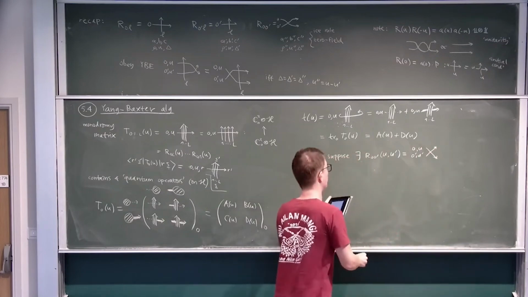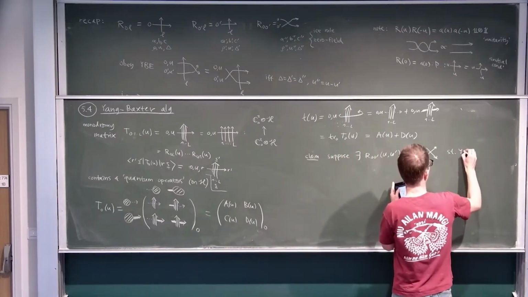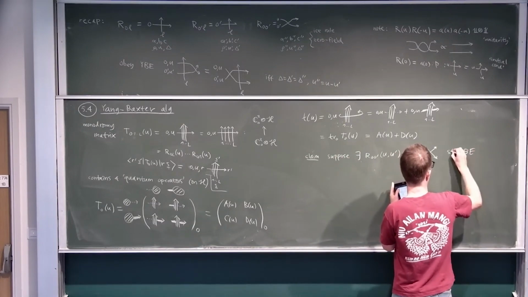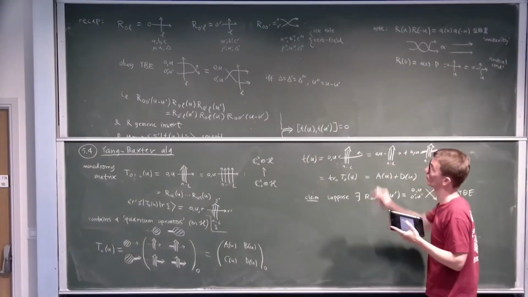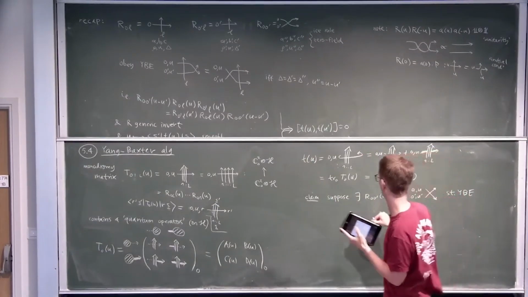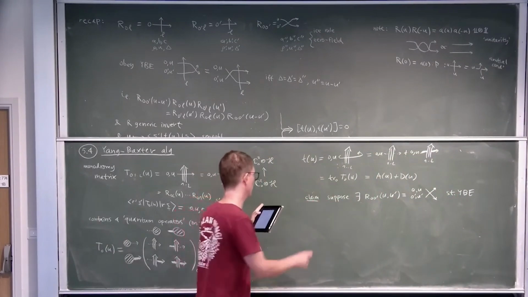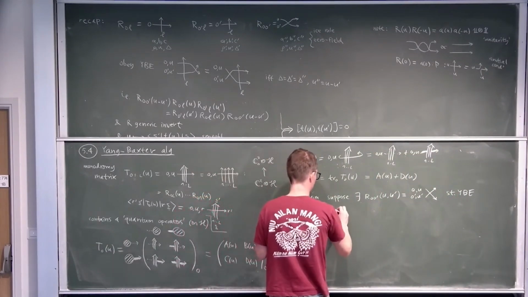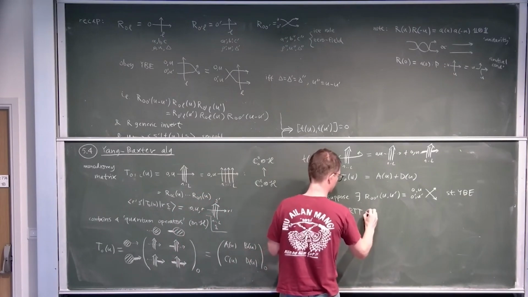As before, assume that it obeys the Yang-Baxter equation. Given this data, so given a pair of R matrices, assume that there is such an R0, 0 prime. Then we have what are called the RTT relations.